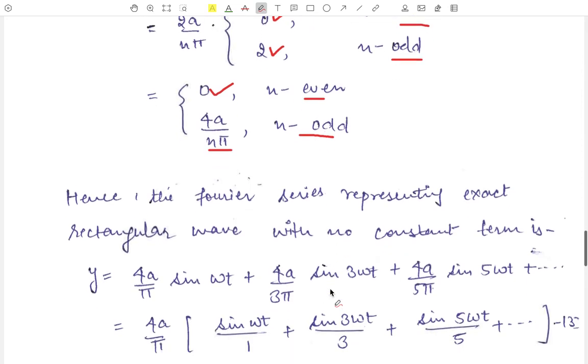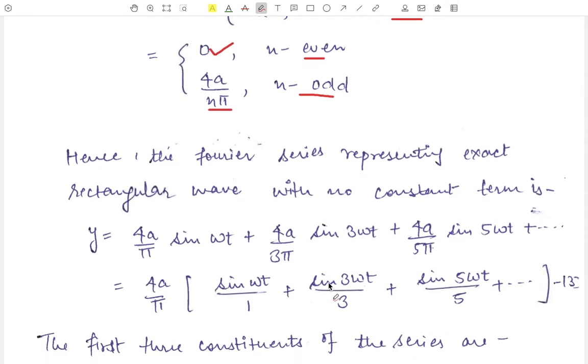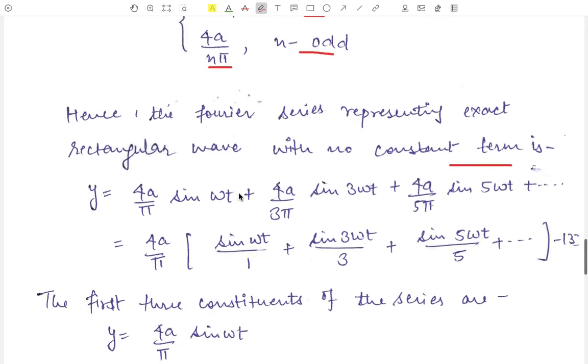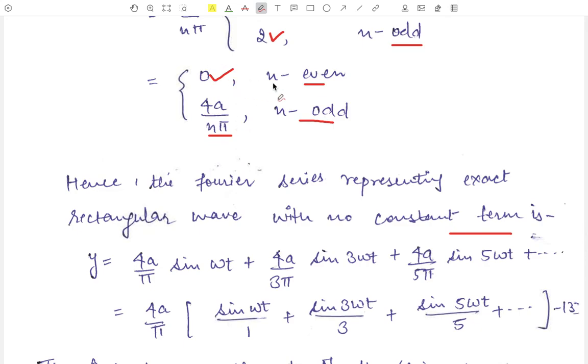Hence, the Fourier series representing the exact rectangular wave with no constant term is what? Our a naught is 0, our an is 0, and for the even values of n, bn is also equal to 0. Only the odd values for the bn exist here.